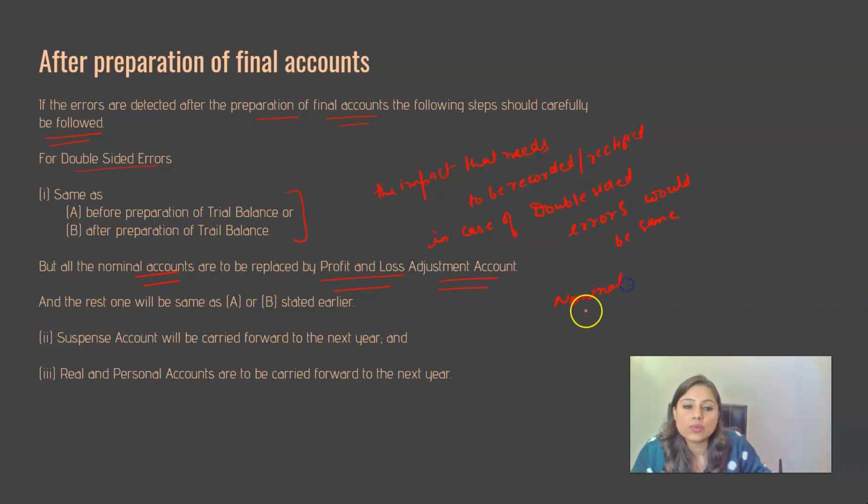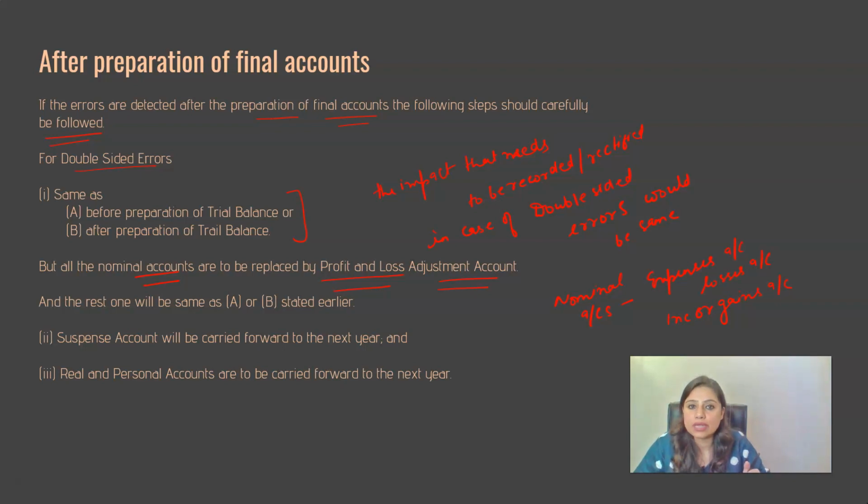With nominal accounts we mean all the expenses accounts, losses accounts, incomes or gains accounts, all such accounts which reflect in the profit and loss account of a particular business. Entries or rectifications related to such nominal accounts should be replaced by the profit and loss adjustment account instead of their direct account.